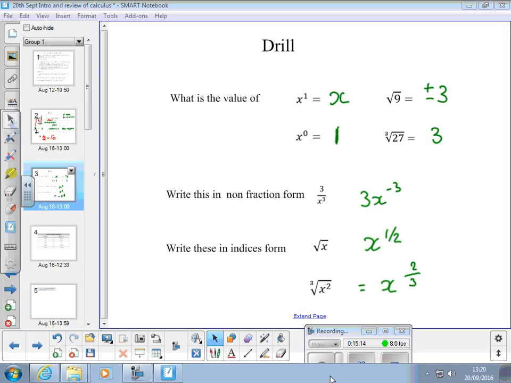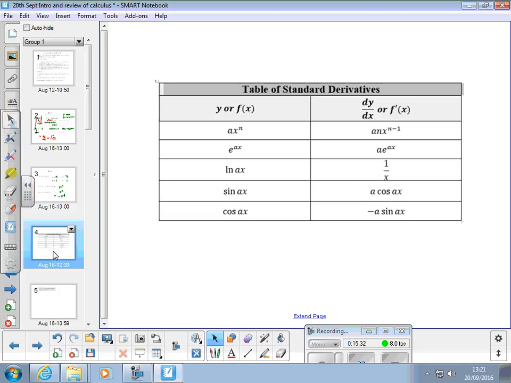Okay, it's just a little warm-up covering some of the things that we need to do the differentiation, because today is kind of a recap on things that you've probably already done in your first year maths. So, on the next page, there's a table of standard derivatives. Do you remember seeing that when you've done your calculus with Mark in year 1?